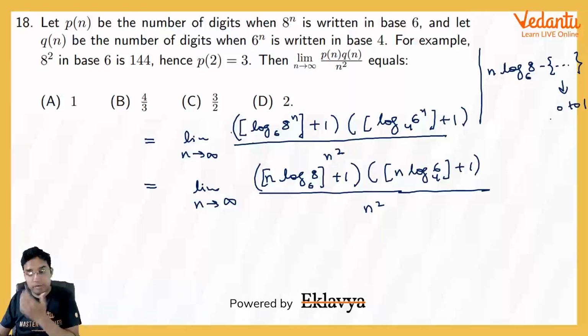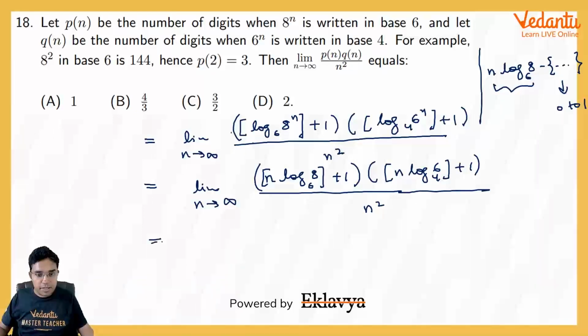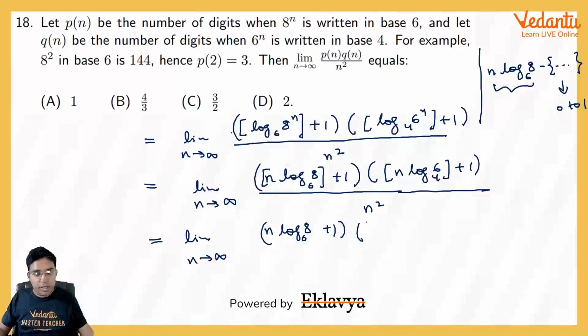Because this lies between 0 and 1, we can ignore this as compared to n into log 8 base 6, because n is approaching infinity. So this limit will be the same as n approaches infinity, n log 8 base 6 plus 1. In fact, this 1 can also be ignored because n is going to infinity.